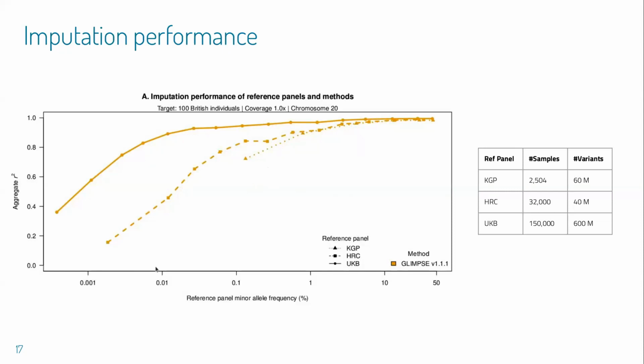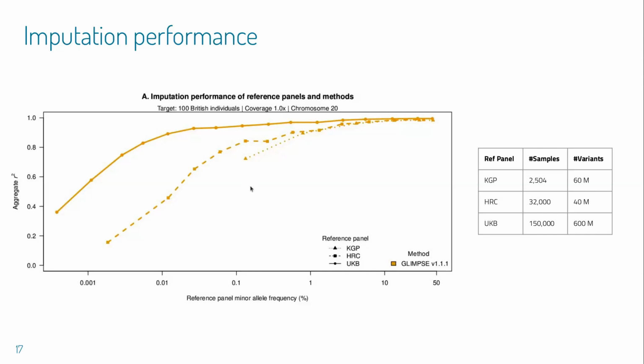Of course, given the size of the reference panel, it's possible to go to much lower minor allele frequency with the UK Biobank reference panel. It's much bigger, so we can go to extremely low minor allele frequencies. But overall, it's striking the performance that the UK Biobank reference panel achieves compared to the previous 2 reference panels that were available.